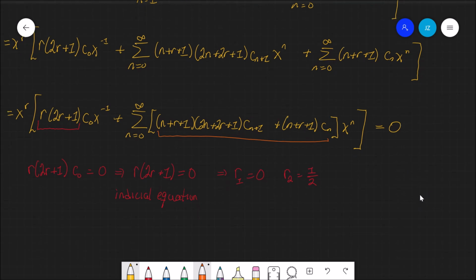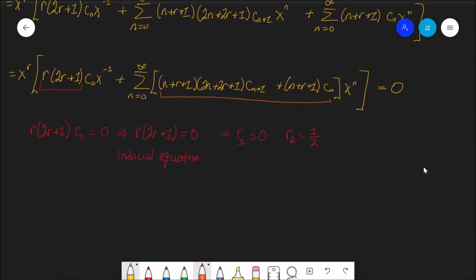Now comparing that second term, we have n plus r plus 1 times 2n plus 2r plus 1 c sub n plus 1 plus n plus r plus 1 c sub n has to be 0.